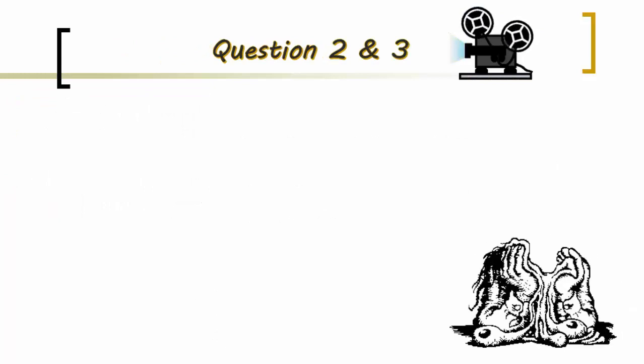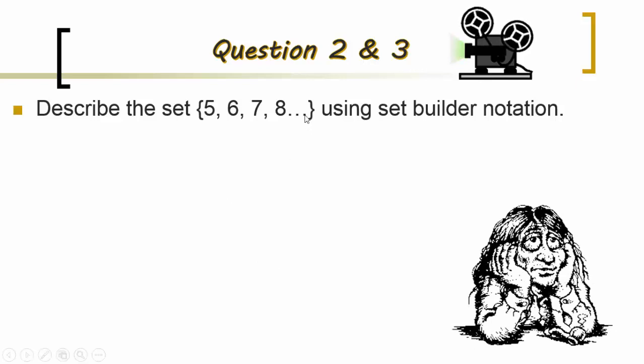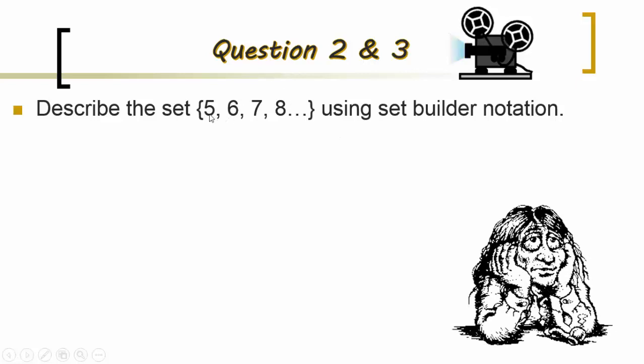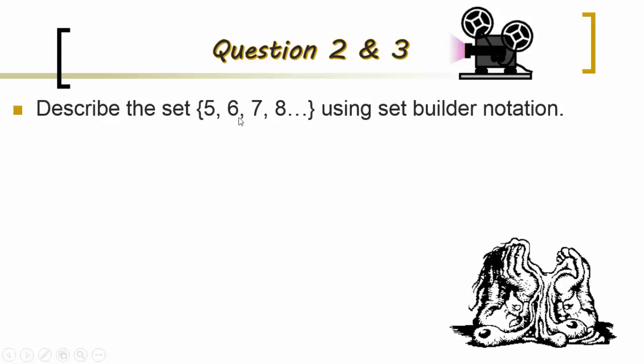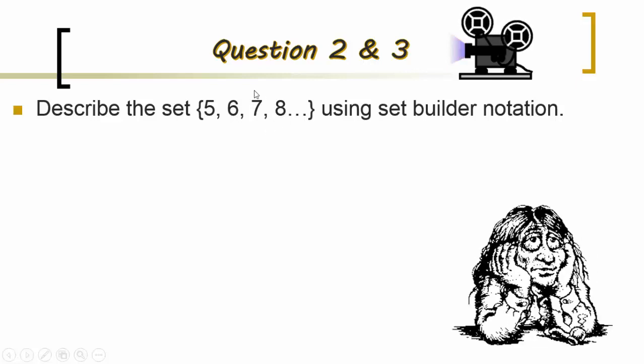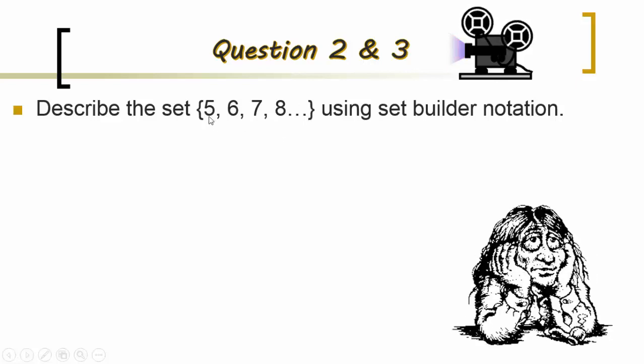So let's look at question number 2. We're going to describe this set using set builder notation. We see that we're starting at 5, 6, 7, 8, so this looks like the set of natural numbers that starts at 5.